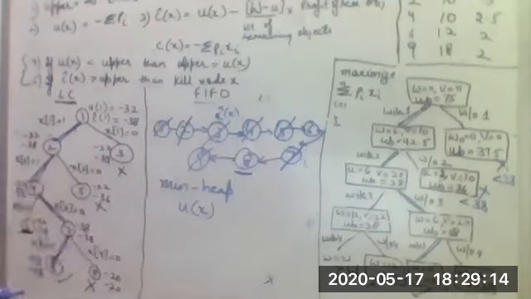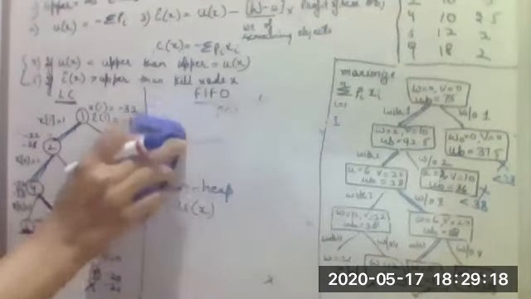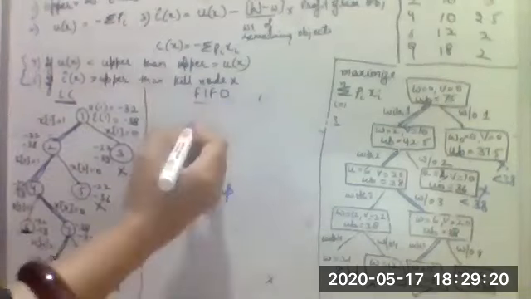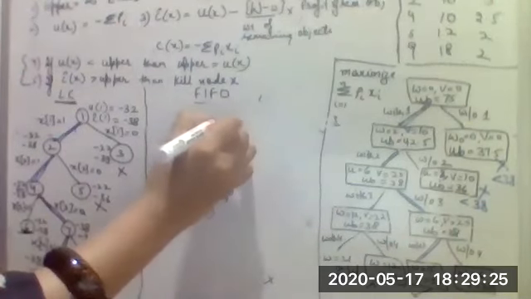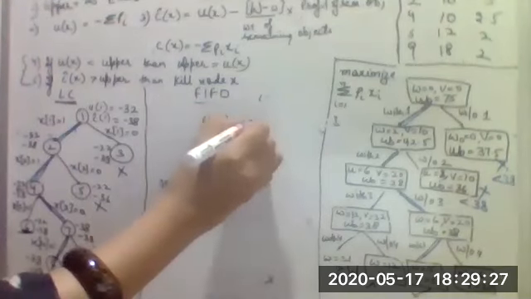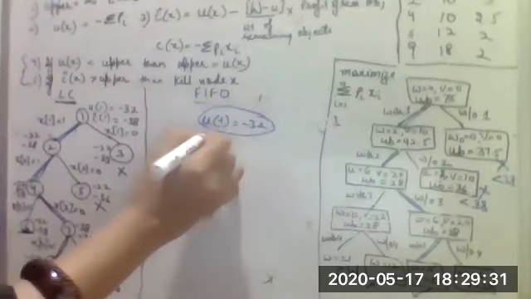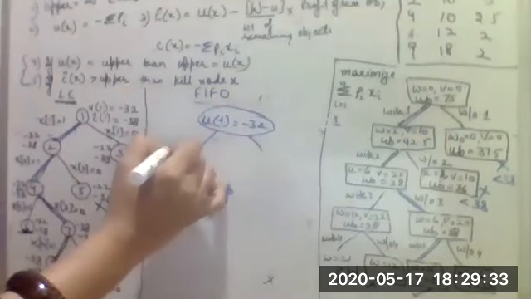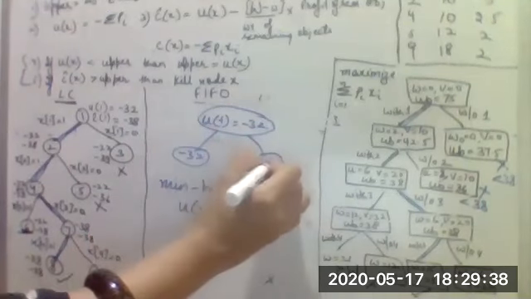See, if I have to implement this as a heap, which we have just put as nodes: initially you have the U value as minus 32. So U of 1 is equal to minus 32 as the heap. From here you generated the two nodes and you get the U values as minus 32 and minus 22.